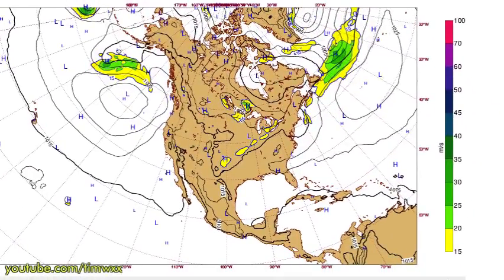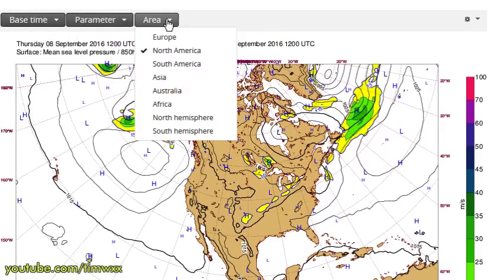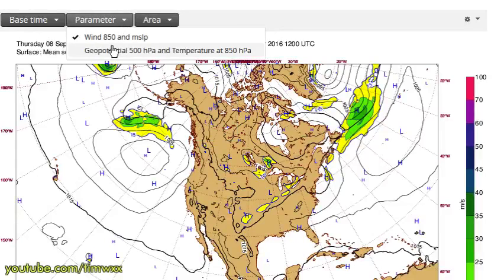And I was looking at some of the ECMWF products. This is the European model. It's a model that's a lot like the GFS, with the main difference being that we don't have as many products to look at. So you see here we only have 850 millibar winds, sea level pressure, and 500 millibar heights.